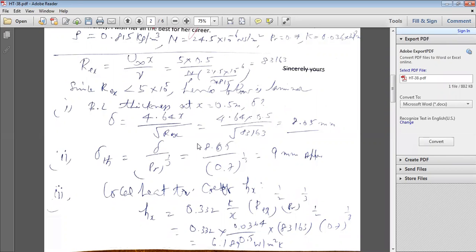So in mm, 8.05 divided by Prandtl number 0.7 whole to the power 1 by 3. If you calculate this, thermal boundary thickness delta TH is equal to 9 mm.